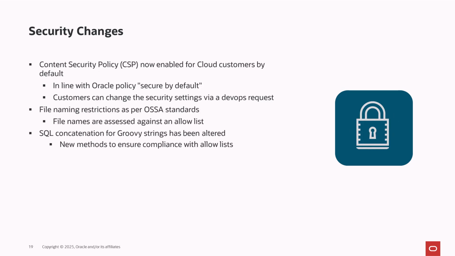Security is one of the most important aspects of any implementation of our services. We use a combination of capabilities built into the cloud platform and the Oracle Utilities Application Framework to provide industry standard security. In this release, in line with Oracle Security Policy, we're enabling the content security policies dictated by Oracle Security.